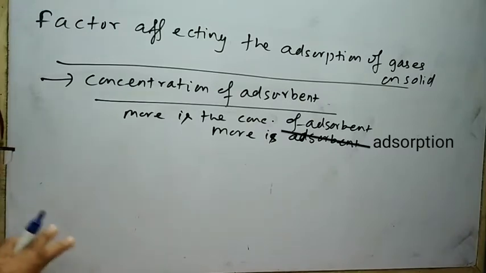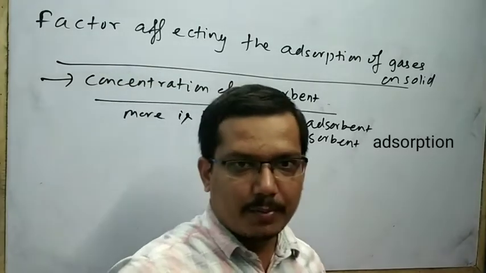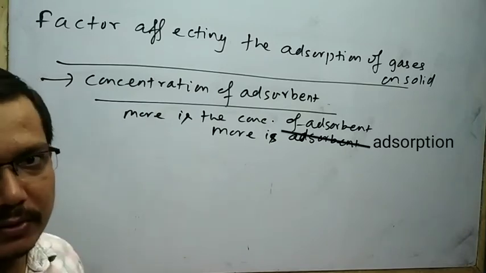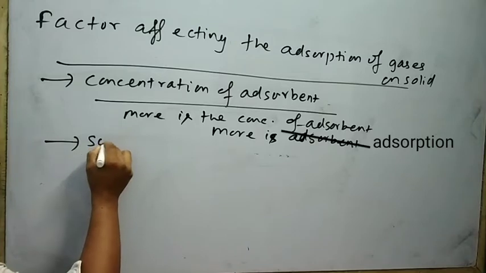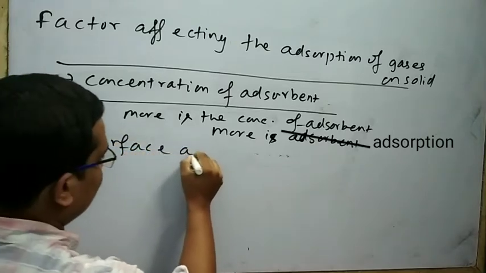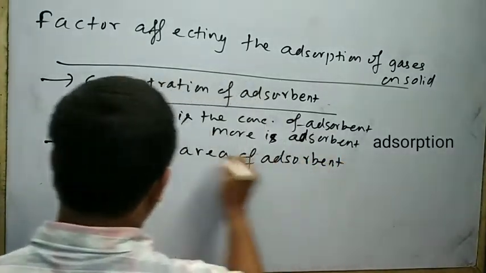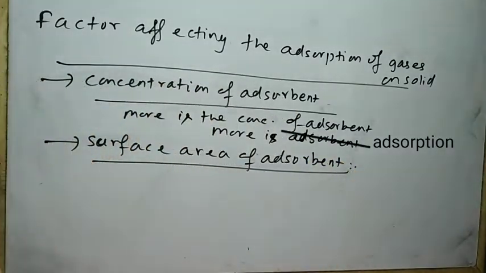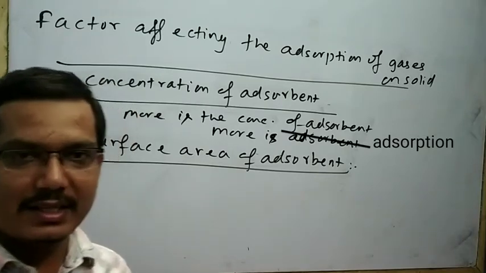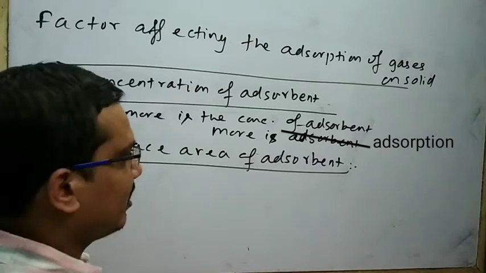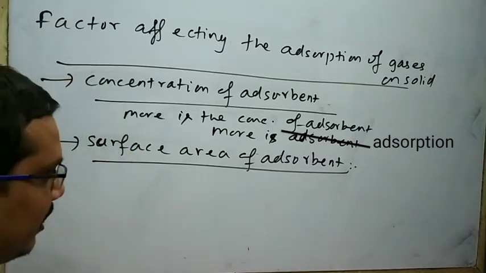That means if we increase the concentration of adsorbent, then more adsorbent sites are possible for adsorption of the adsorbate molecules. Next factor is the surface area of adsorbent. If the size of the adsorbent decreases, then the surface area of the adsorbent increases. That means more is the adsorption.